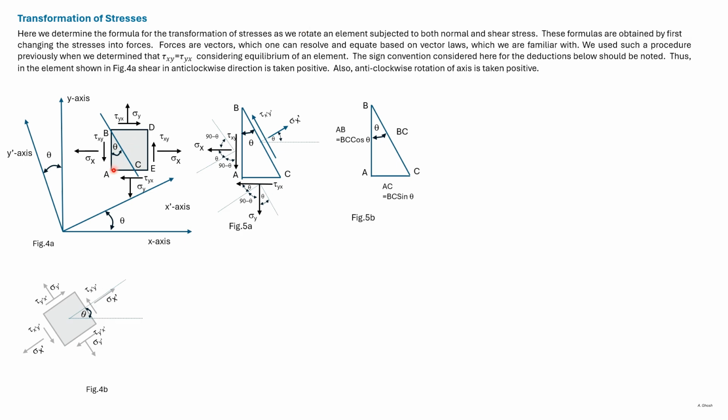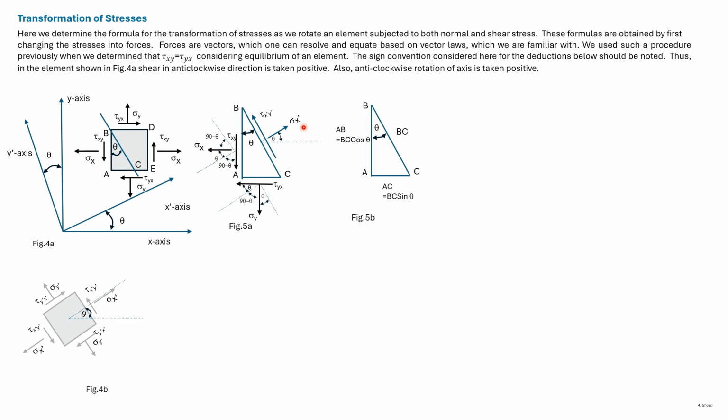To find expressions, we'll consider equilibrium of the triangle ABC. The separated triangle with the stresses acting on it is shown here. The triangle is considered to be of unit thickness.